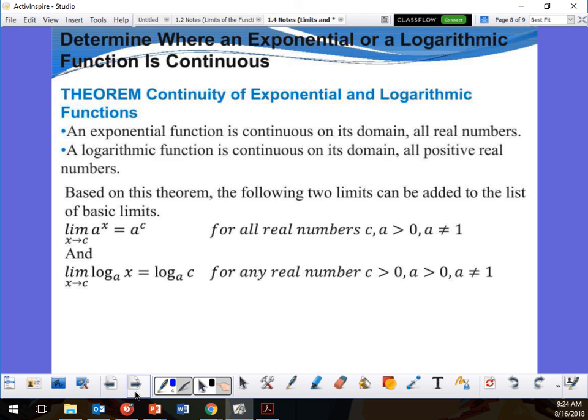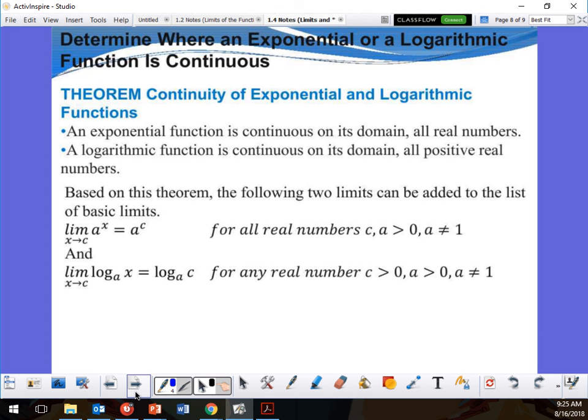If you try to graph ln x or log x, the domain is only positive numbers. That's why we actually did that.